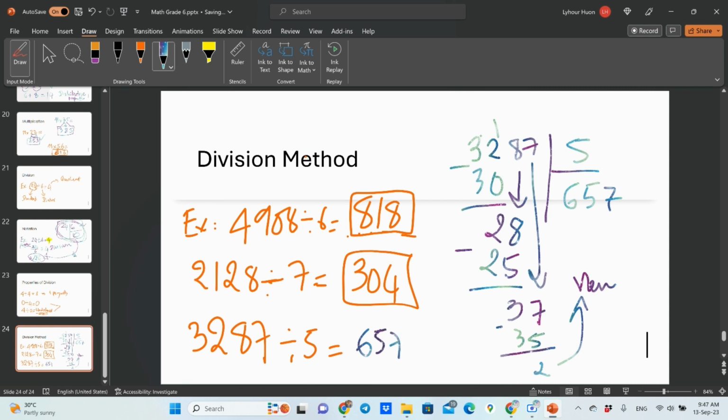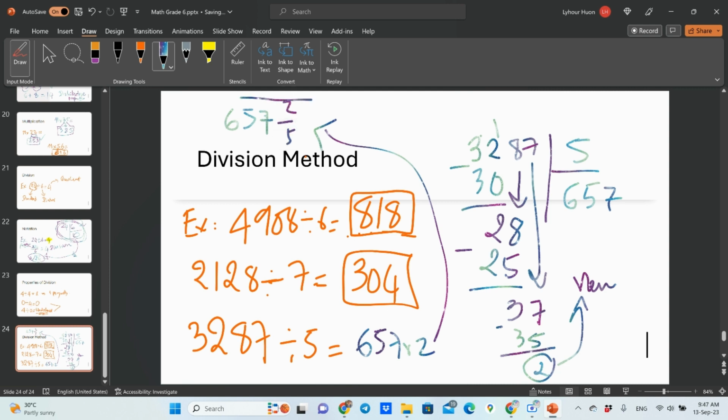Sometimes you write the result as 657 remainder 2, or you make it a mixed number: 657 and 2/5.